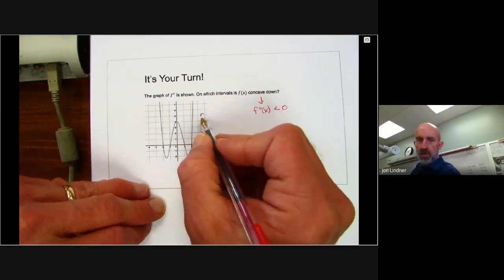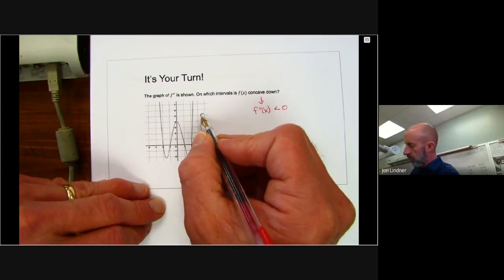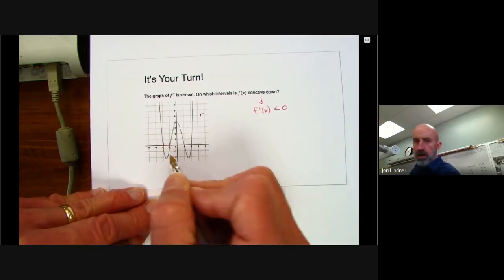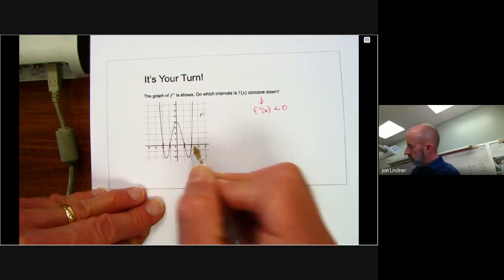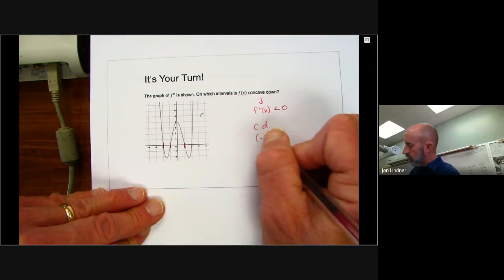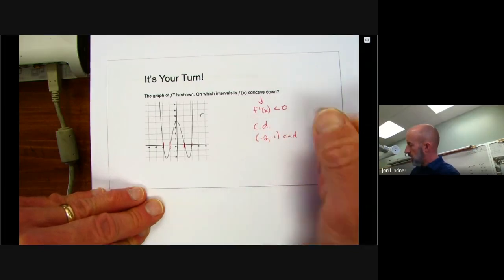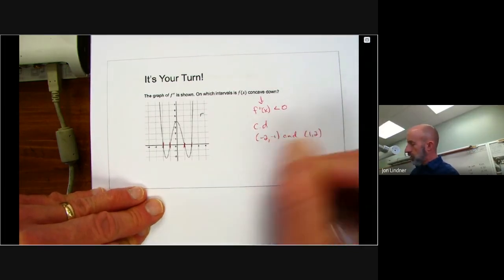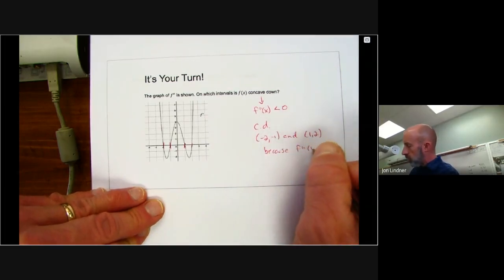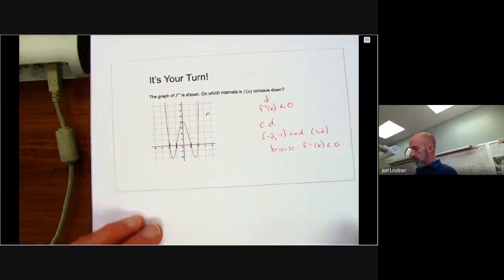This is easy because they give us the graph of the second derivative. It's negative from here to here and from here to here. So it's concave down from -2 to -1 and from 1 to 2 because the second derivative is negative on those intervals.